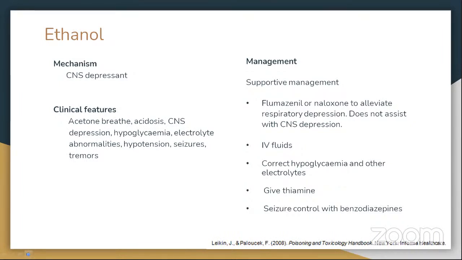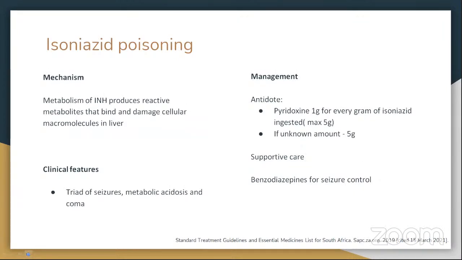So in our population, many people are taking TB medication. So isoniazid poisoning. It's the metabolism of isoniazid that produces a reactive metabolite that binds and damages cellular macromolecules in the liver.